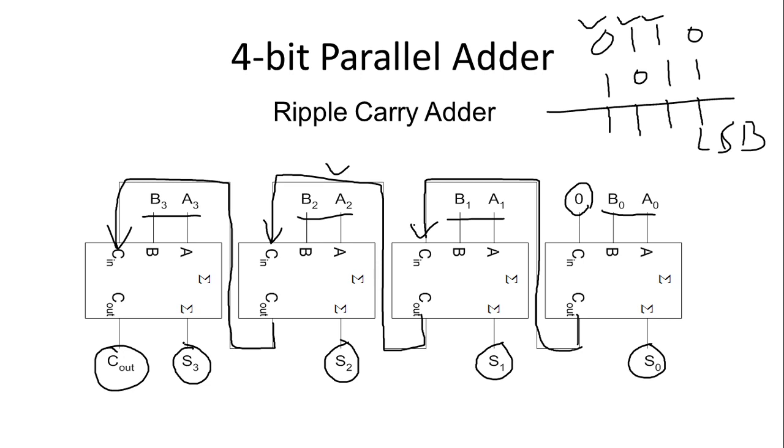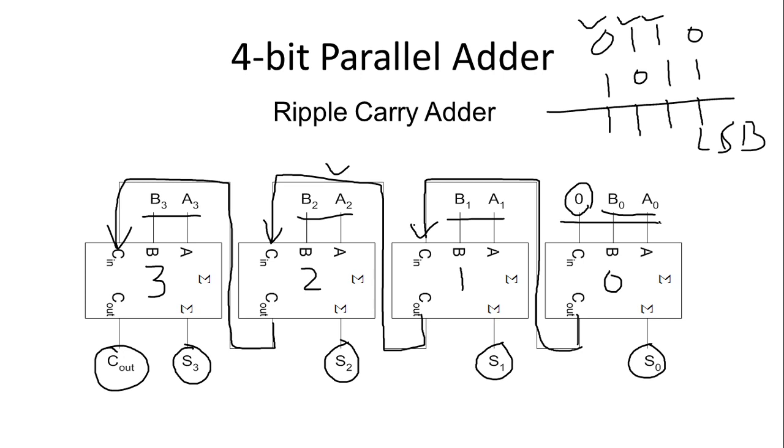So let's say if we number them, this is adder 0, adder 1, adder 2, and adder 3. Adder 0 performs the addition right away because it knows all of its inputs, A0, B0, and 0 as C in. So it computes S0, and the C out is attached to C in of adder 1.